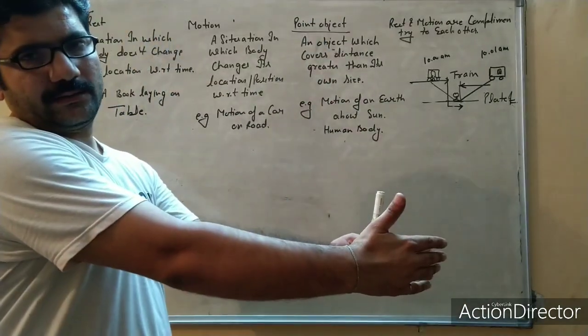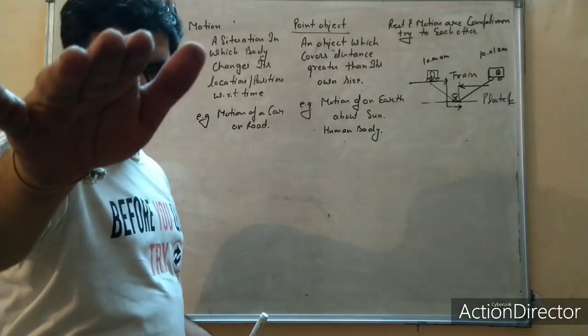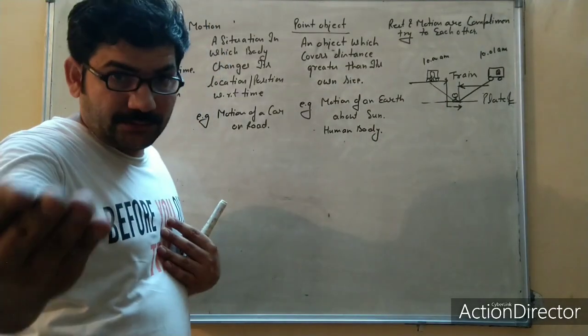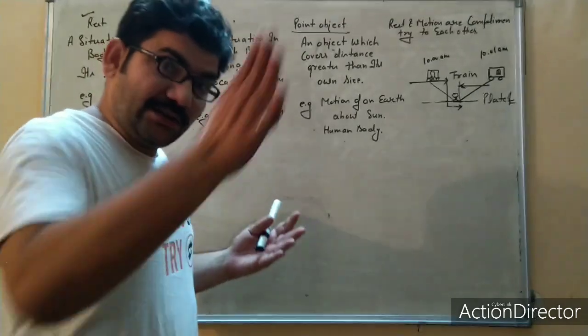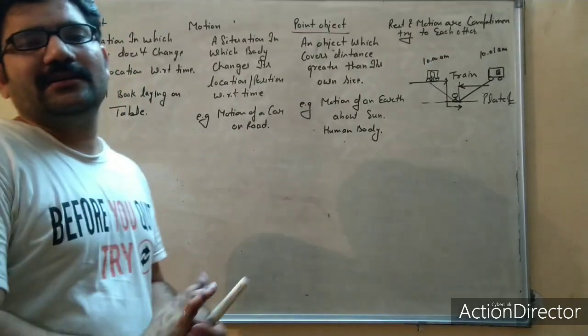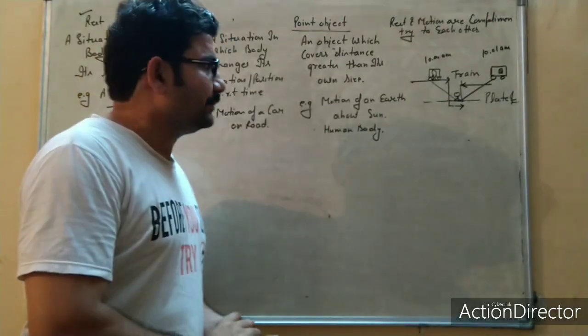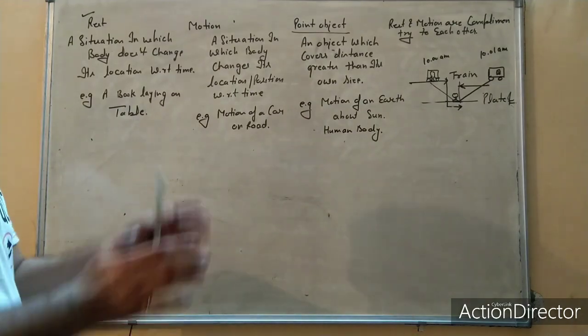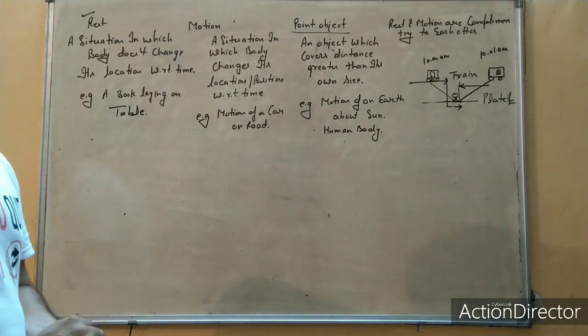Actually I am moving here, but you looking there, I am in motion, but when I seem to you, then I think that you are in motion. That's why we can say that rest and motion are complementary to each other. I think it will be enough, otherwise the lecture will be so long.